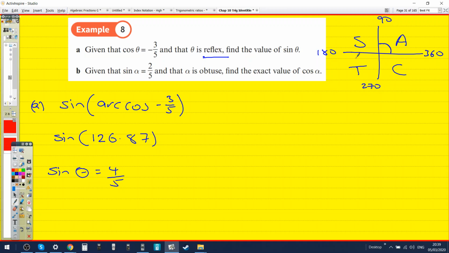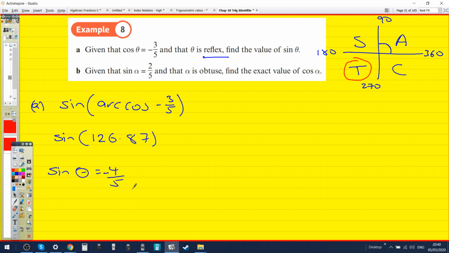Yeah, you got it. So if it's reflex, then it's going to be one of the bottom two. And if cos is negative, then it has to be the tan one. And so if this angle is between 180 and 270, will sine be positive or negative? Negative. And so the answer we have to give is negative 4 over 5.